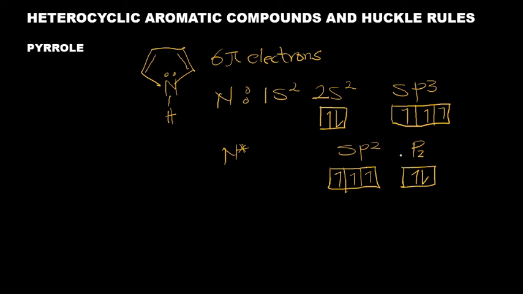So we can say that these three hybrid sp2 orbitals are used in the bonding, and then we have this p orbital having two electrons in it, and that is what this lone pair of electrons is.